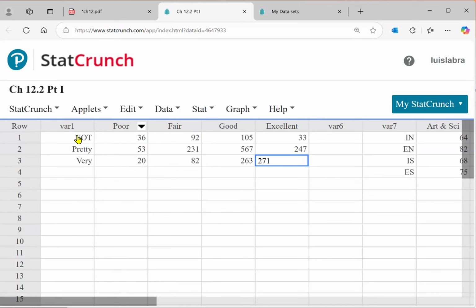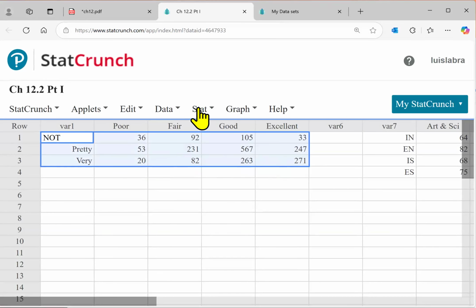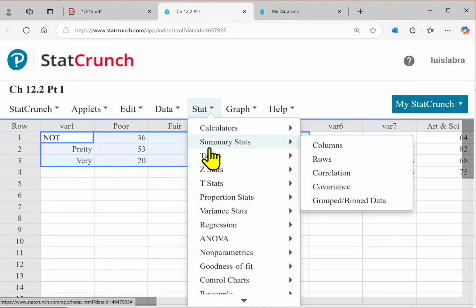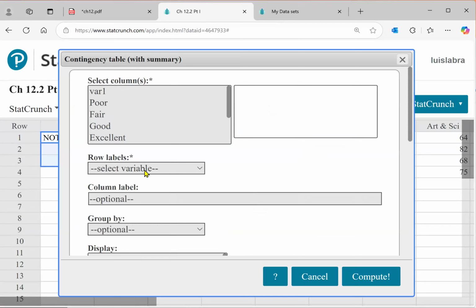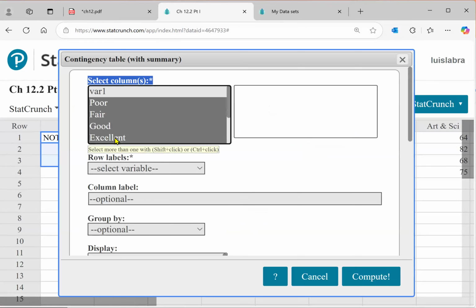All right, so notice I already have my data in here. So I'm going to go to Stats, Tables, Contingency, with Summary. Go ahead and select the columns, only the columns where you have data. So it was poor, fair, good, and excellent.